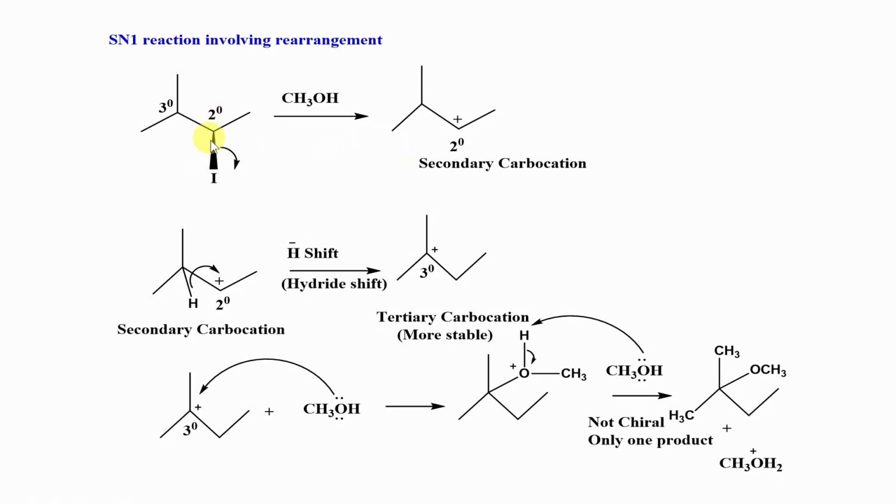Here see, it is a secondary alkyl halide. Upon treating with this solvent methanol, which acts as a weak nucleophile, it first forms a secondary carbocation in the rate determining step.